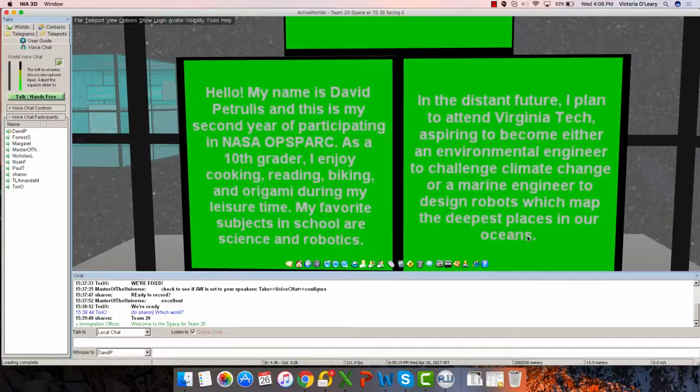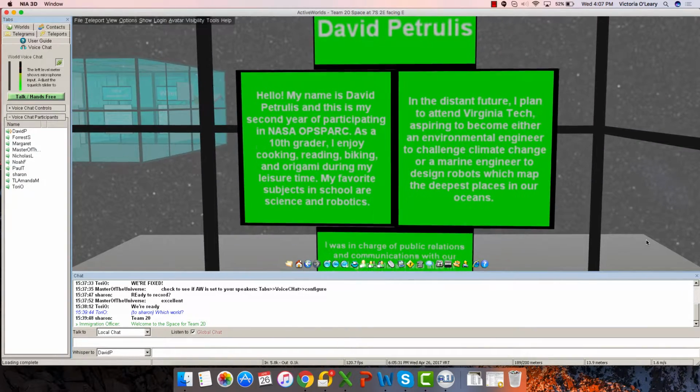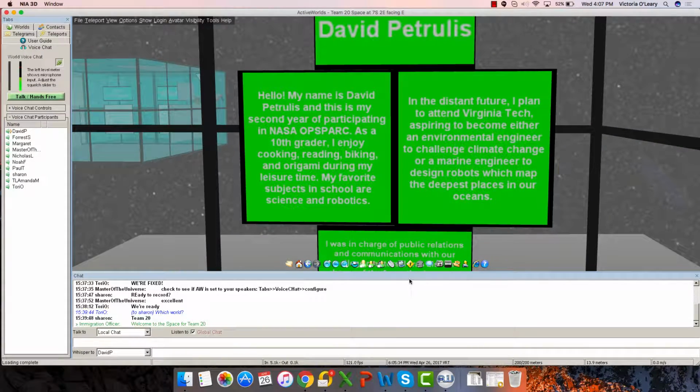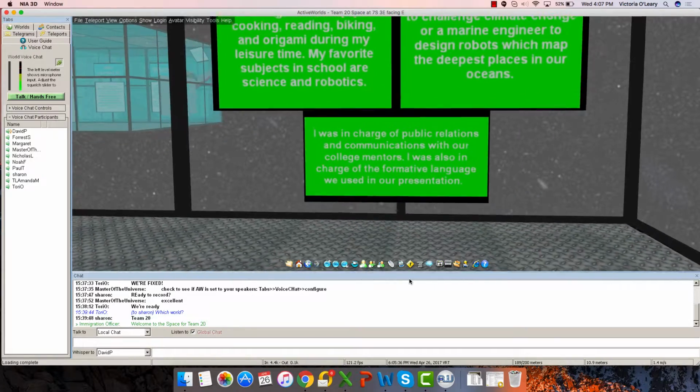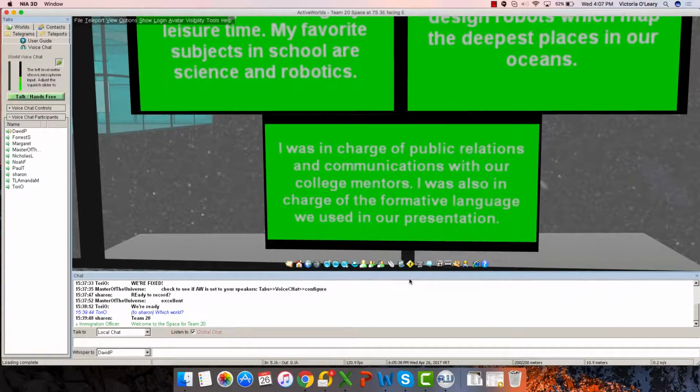In the future, for college, I would like to attend Virginia Tech, and I would like to either become an environmental engineer to challenge climate change, or a marine engineer to design robots which will map the deepest places and corners in our oceans. I was in charge of public relations and communications with our college mentors and the wonderful Sharon Bowers, and I was also in charge of the language used for some of our presentation.